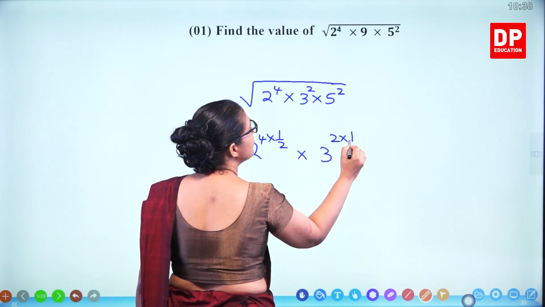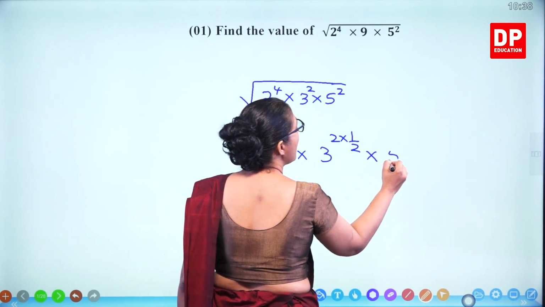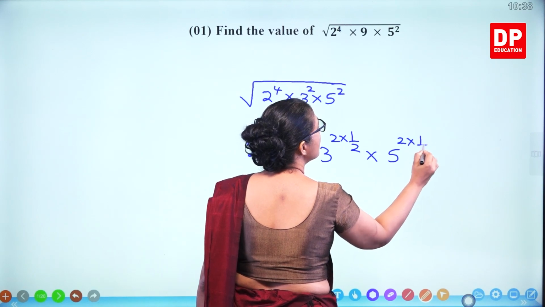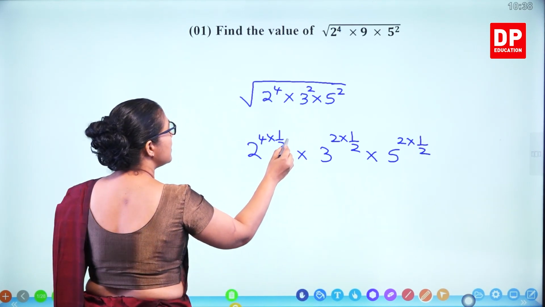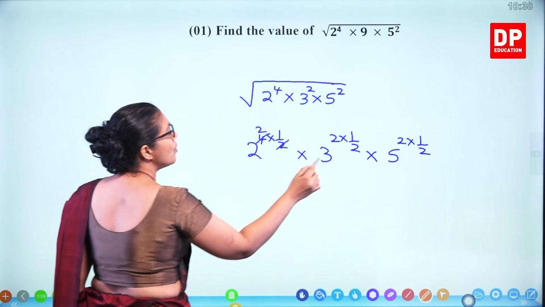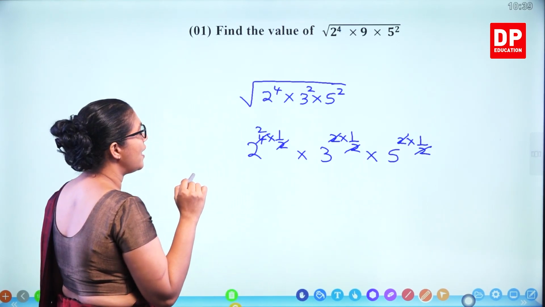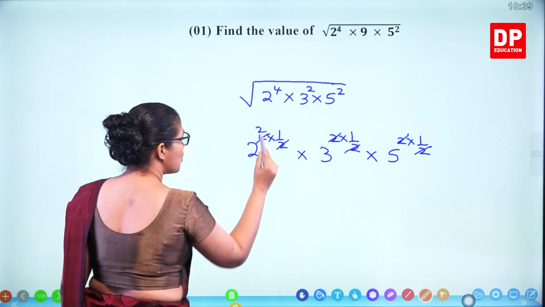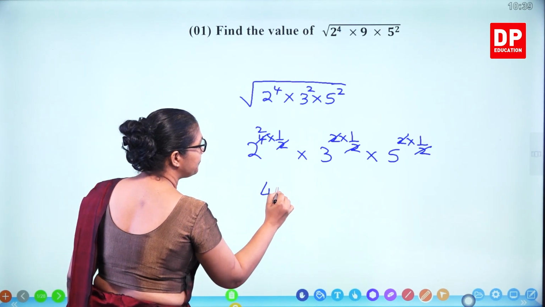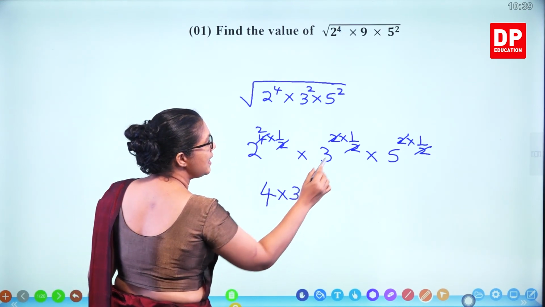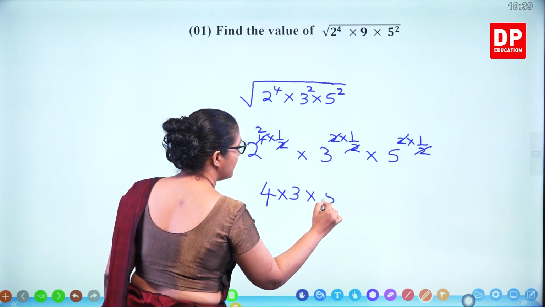2 into half. 5 squared into half. Then 2 times half, 2 gets cancelled out, and 2 gets cancelled out. So what's the value? 2 to the power 2. That's 4. 3 and 5.